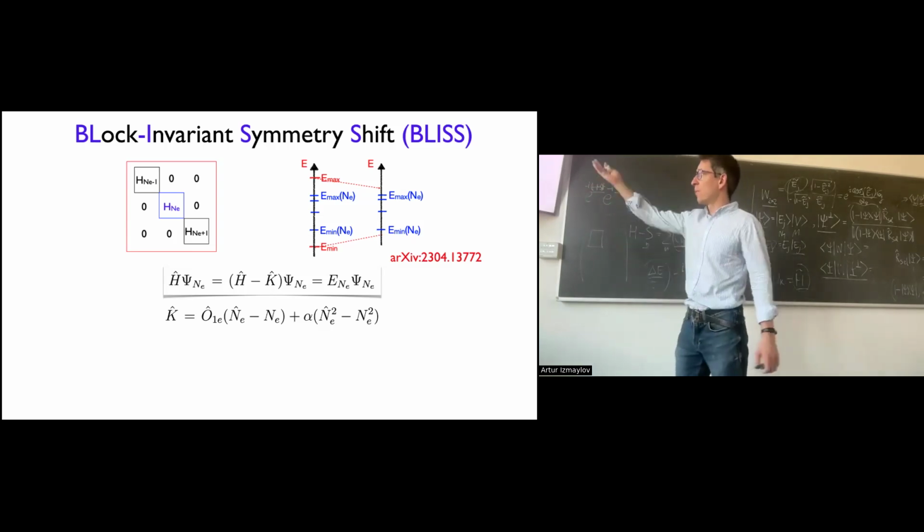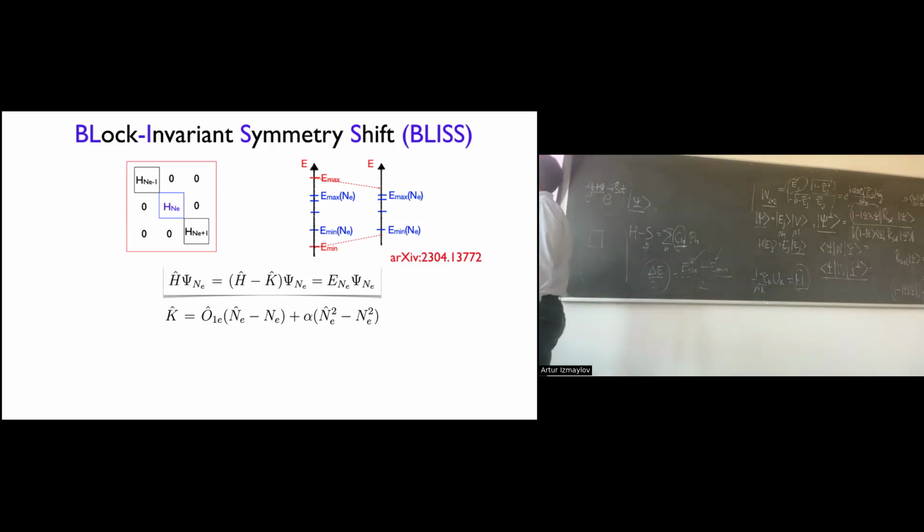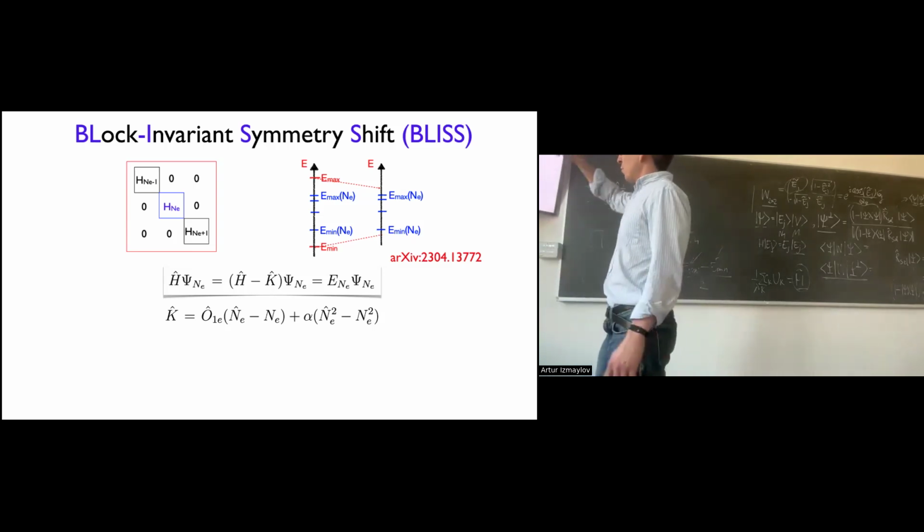And the simple way of building this killer would be taking the right number of electrons as a number, subtracting it from the number operator for the electrons, and using this prefactor, and then the rest could be optimized to reduce the one norm, okay? Because this prefactor is enough: when it meets a function with the right number of electrons, this will turn into 0, okay? And then you can also use the square.